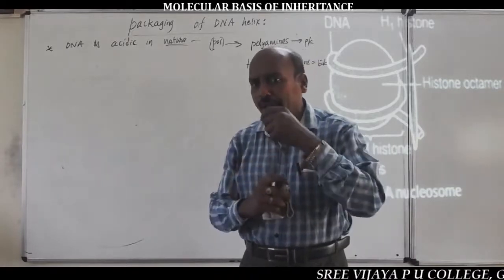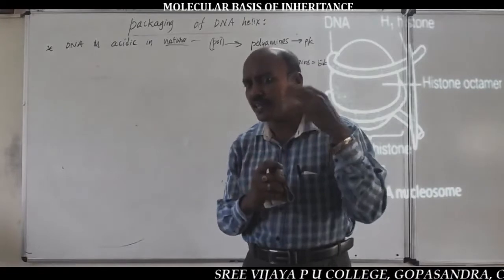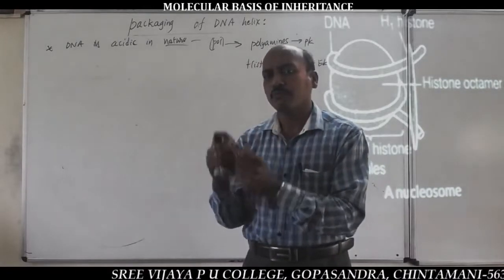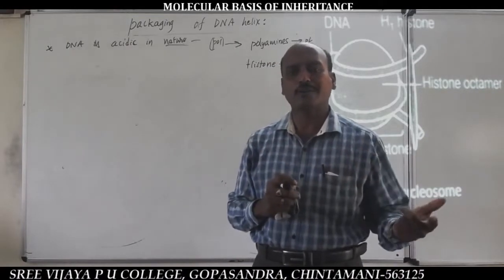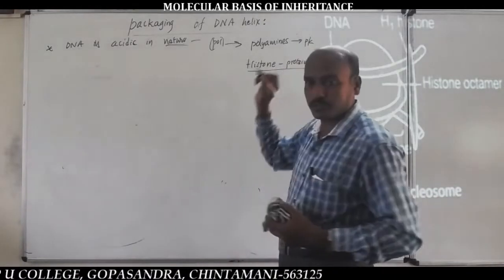So the compaction of this acidic DNA takes place associated with basic proteins like polyamines in prokaryotes and histone proteins in eukaryotes.